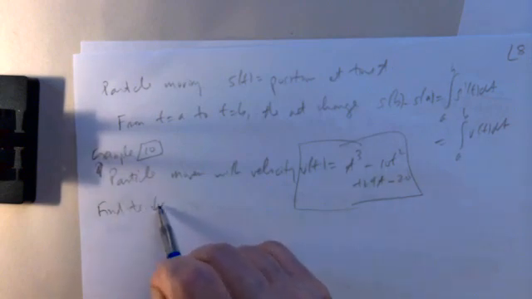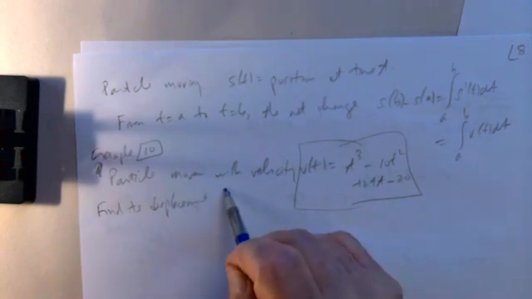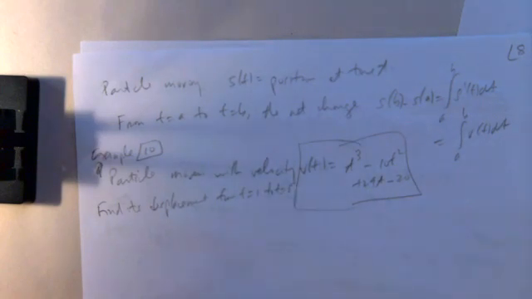Find its displacement, the net change in position, from t equal 1 to t equal 5.